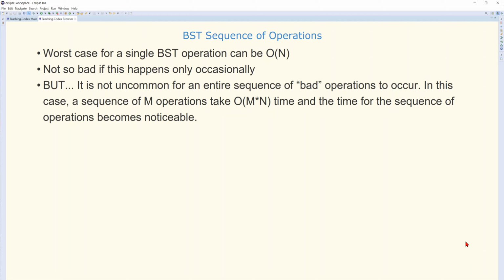Then you again try to access the same node, or maybe not exactly that node, but one of its neighbors, which is also all the way down the tree. So you will again have O(N) performance, and then O(N), O(N). If you have such a sequence of M operations which cause O(N) performance, in total you will be experiencing O(M times N), which is probably something that you cannot tolerate.